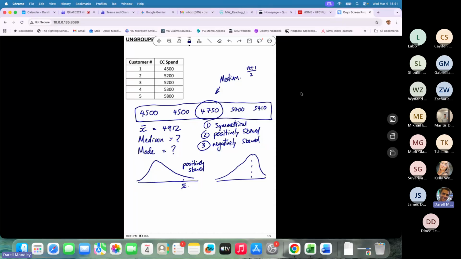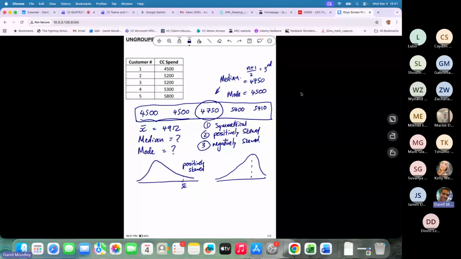If you substitute 5, because you have 5 numbers, into this, then you'll get 3. So the third number is your median, which is 4750. Your mode is the most common number, and you can see that 4,500 occurs the most times. So the mode is 4,500.